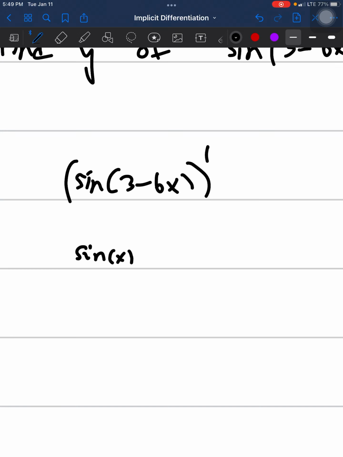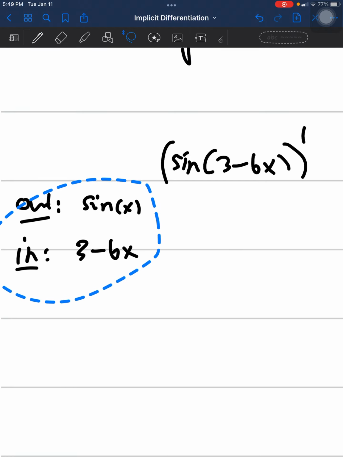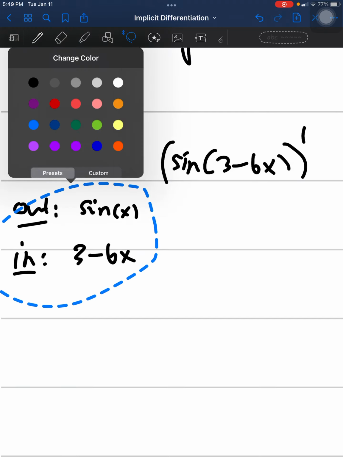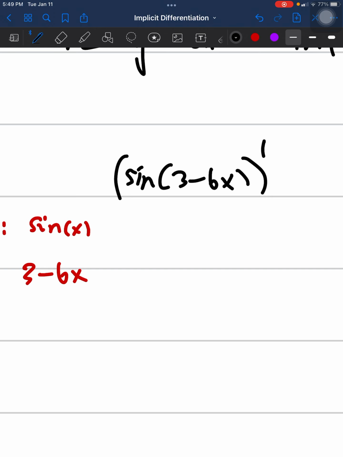When we take the derivative of this, the outside function we know is sine of x, and the inside function is 3 minus 6x. Let me make that red. Now all we have to do is differentiate.